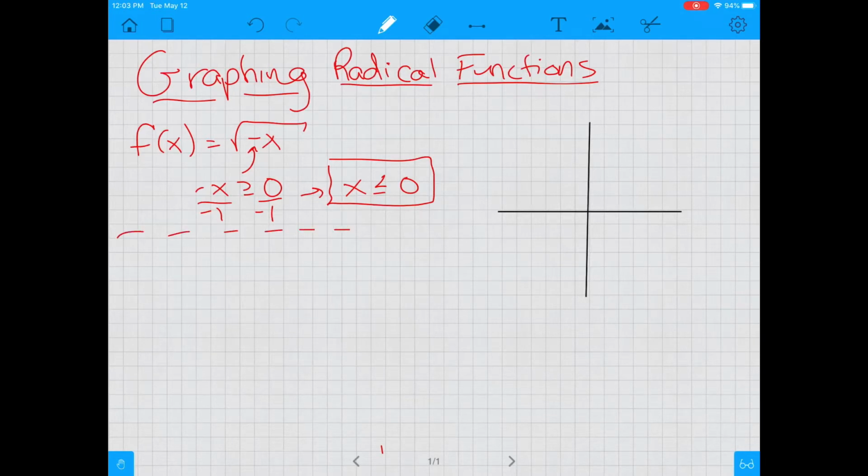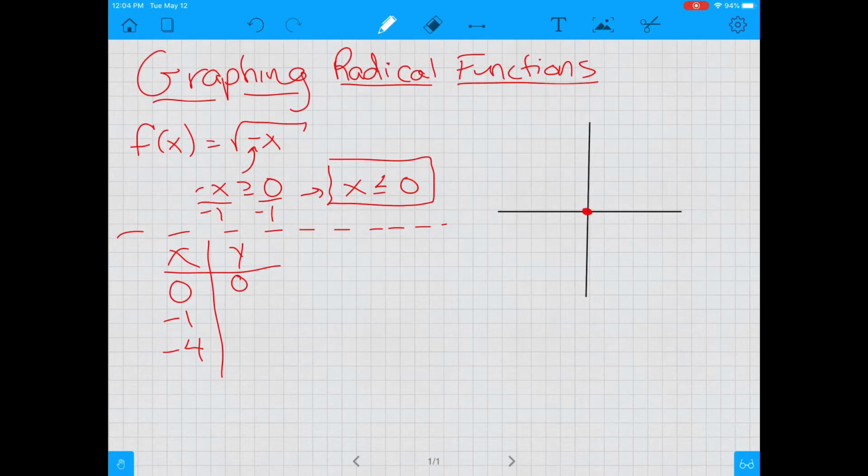So what I'm going to do here, I'm going to make a quick table for myself, again, just to see what happens. I know I can use 0. If x has to be negative, if you remember from last time, instead of using 1 and 4, I'm going to use -1 and -4. So if I plug in 0, that's still 0, so I have the point 0, 0 right here.